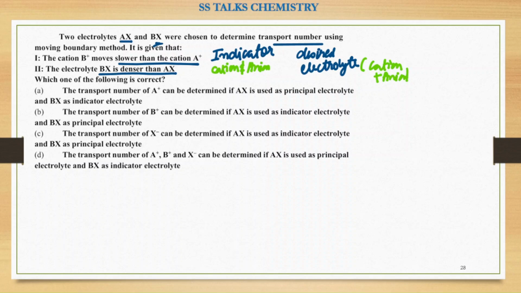So the condition in the moving boundary method is that the cation of the indicator electrolyte should not move faster than the cation whose transport number we have to determine.